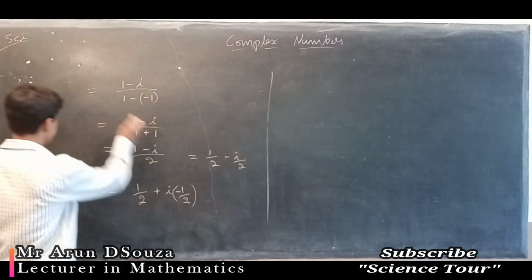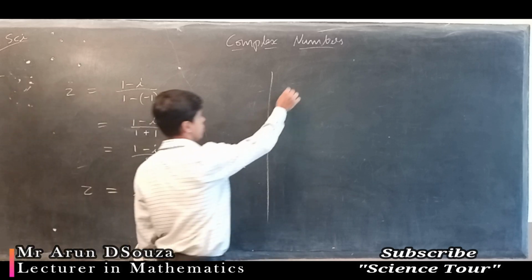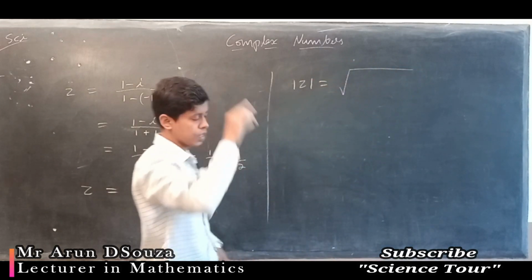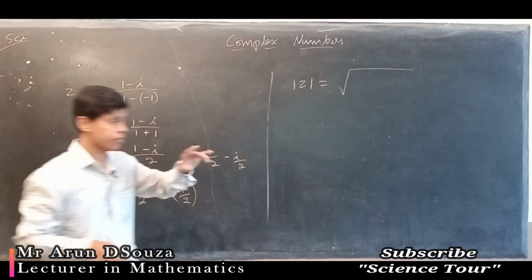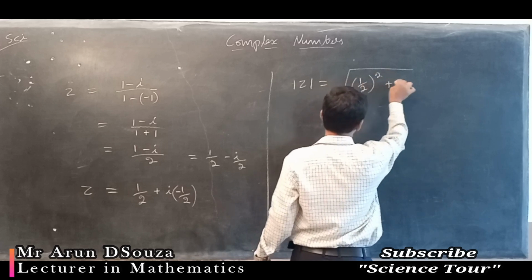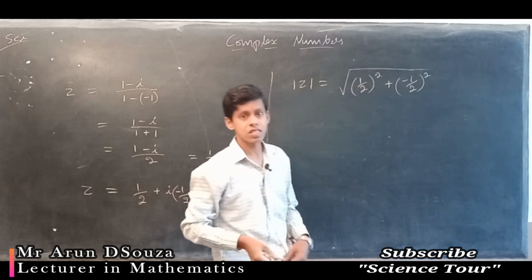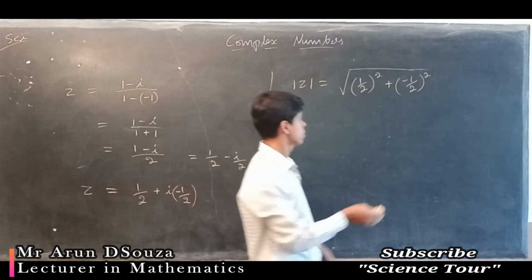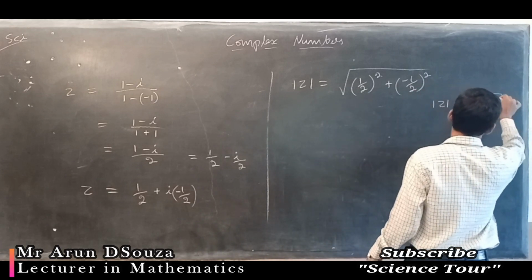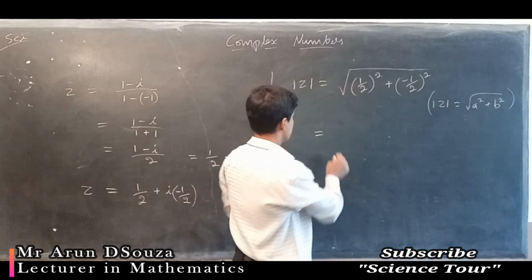See, this is z. So z is equal to, now modulus of z is square root of a square plus b square. So what is a? a is half, so write half square here plus minus half square. So a square plus b square is the formula, right? Now simplify.